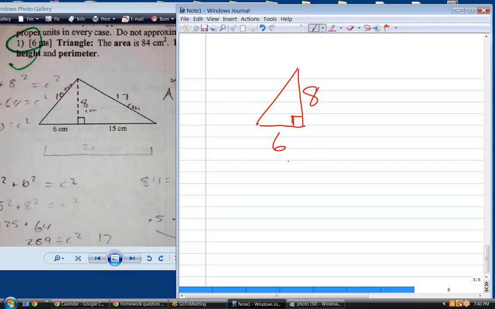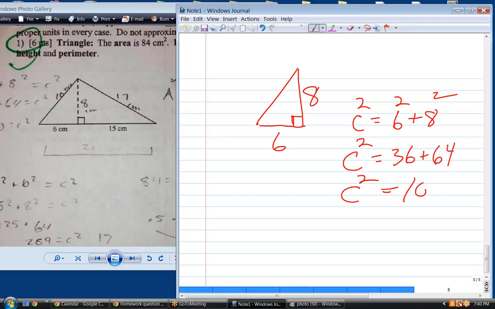Go ahead and do that. And then you do the square root of 100, and that's 10.